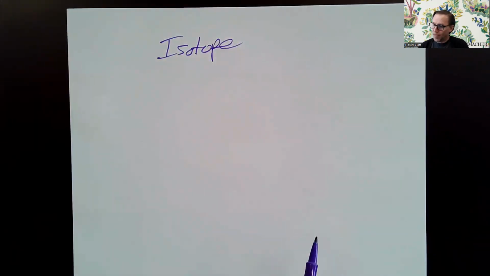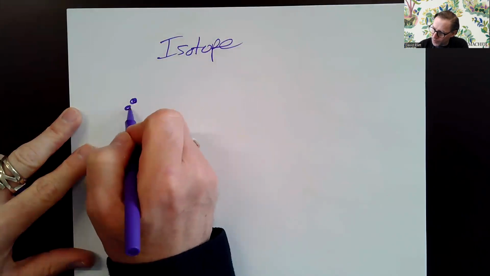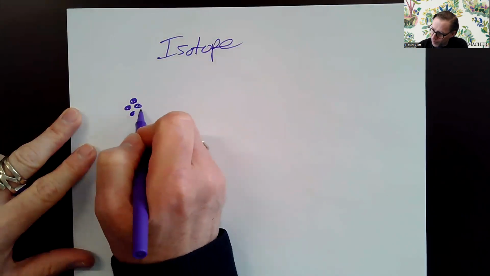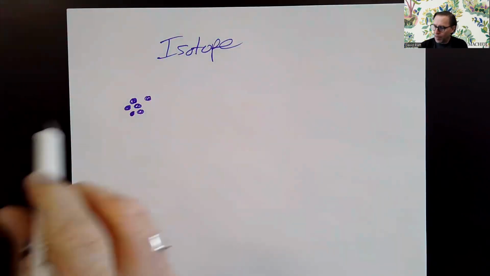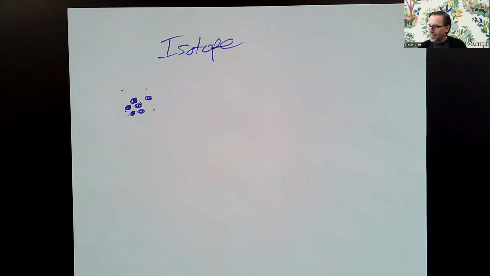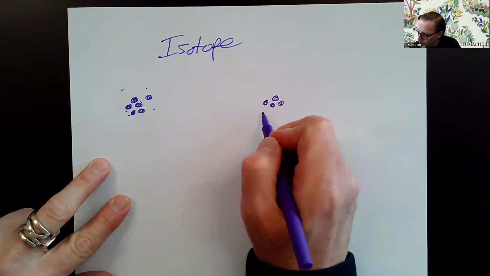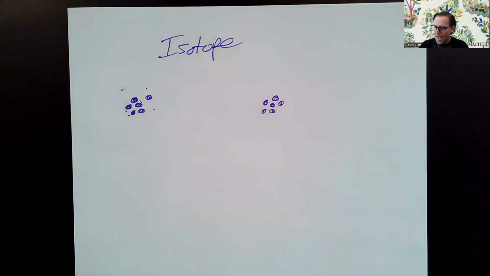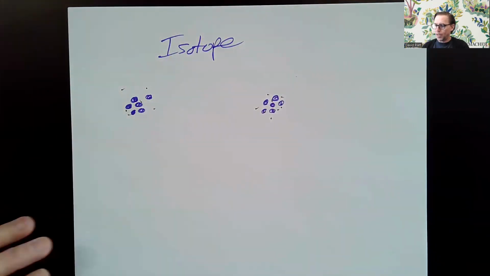I told you that sometimes a carbon atom has 12 nucleons, and sometimes a carbon atom has 14 nucleons.